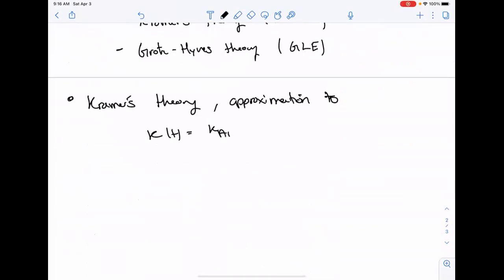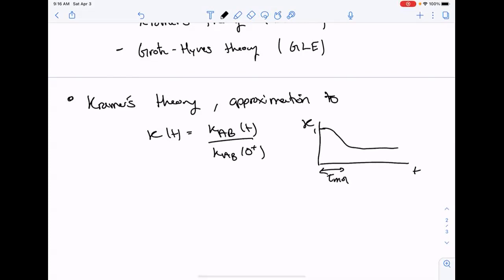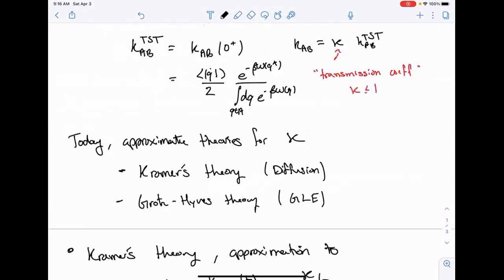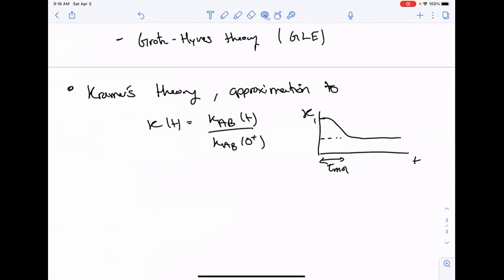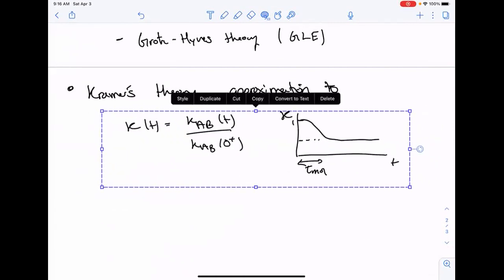And we can define kappa as a ratio of a time-dependent rate divided by this zero time value, the transition state theory estimate. This kappa should start at 1, and over times associated with tau mol should plateau in general to some constant value. What will enter into the macroscopic rate constant is that plateau.